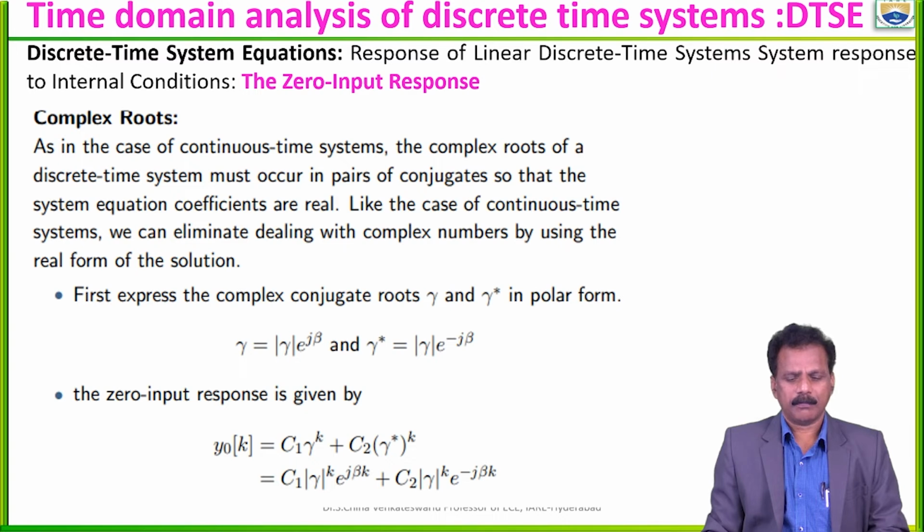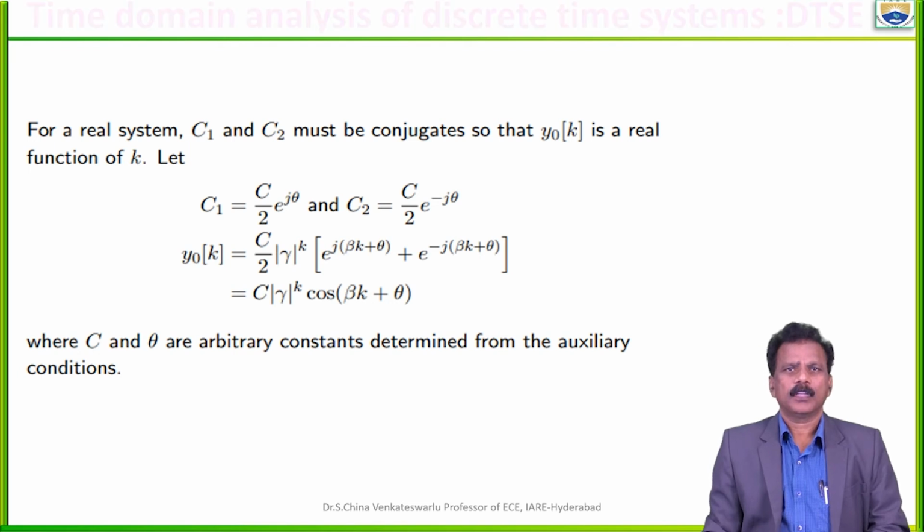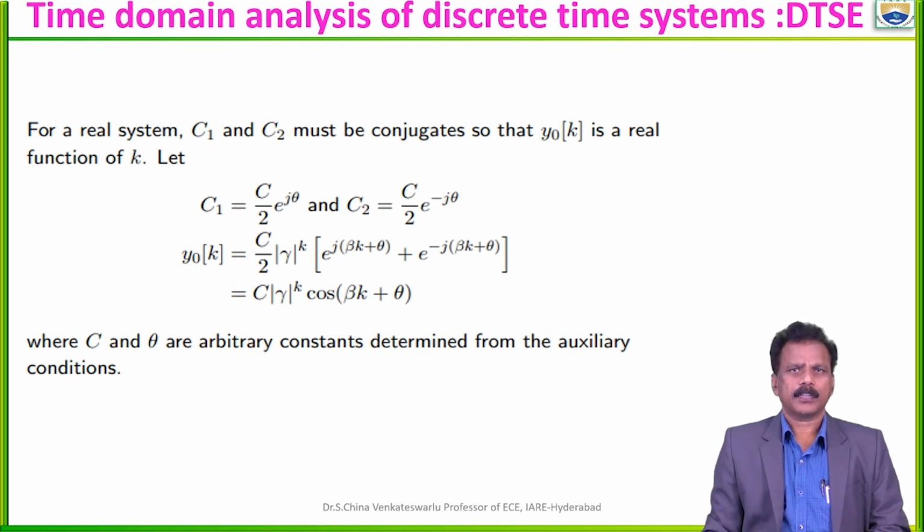First express the complex conjugate roots in the polar form. Based on this, the zero input response is ready to observe. For a real system, C1 and C2 must be conjugate so that y naught of k is a real function of k.